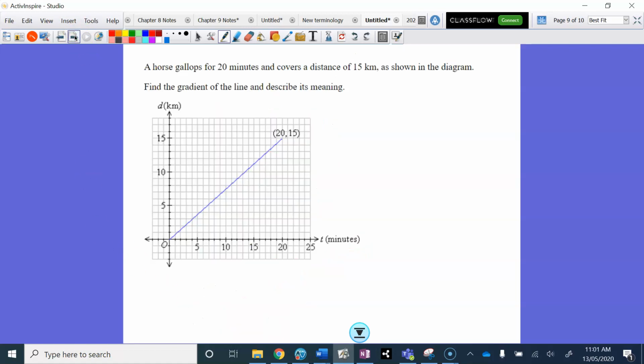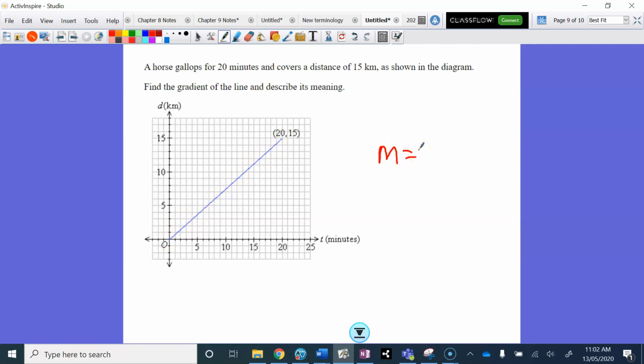And sometimes you'll get questions like this one that ask you to find a gradient and then describe what it means in the context of the story. So something like this one, a horse galloping for 20 minutes and covering a distance of 15 kilometres. We can see the distance and time graph. So it's pretty obvious, hopefully, to you that the gradient of this line is positive.